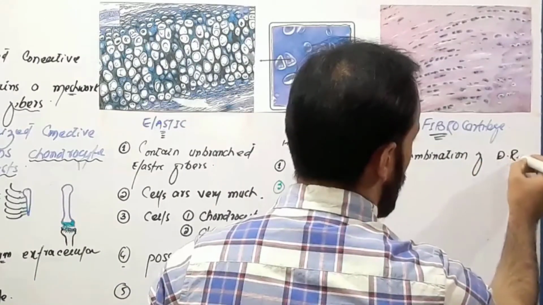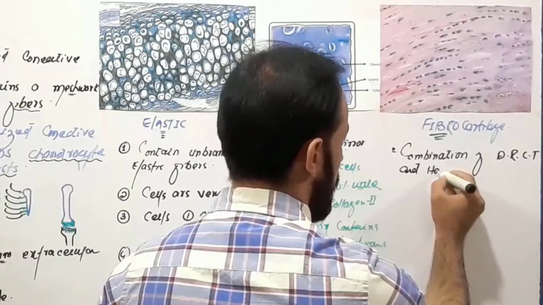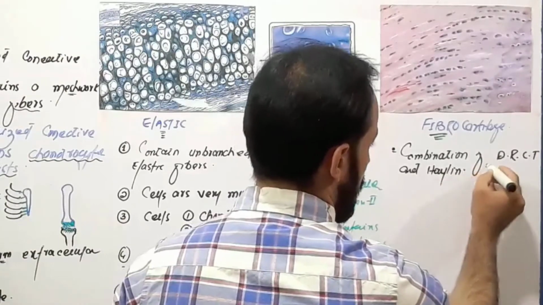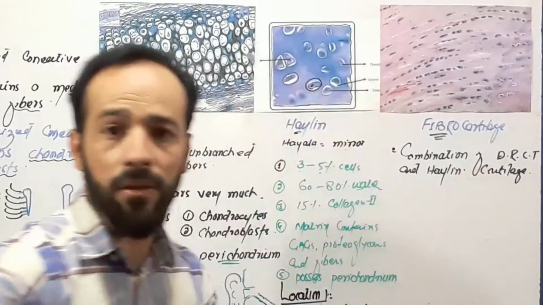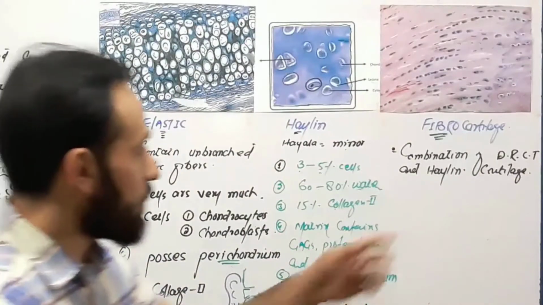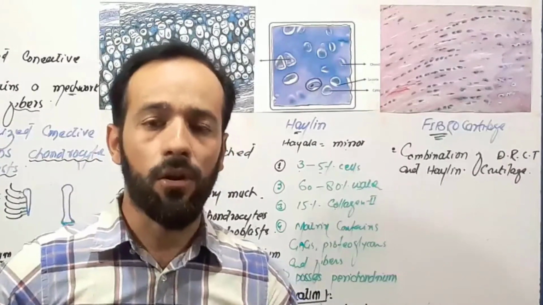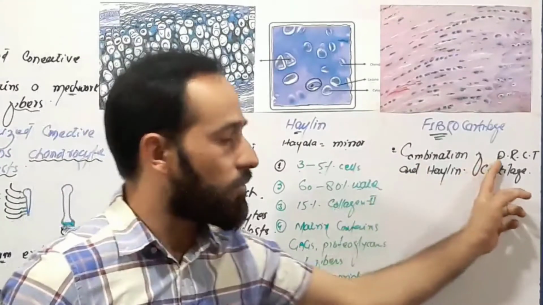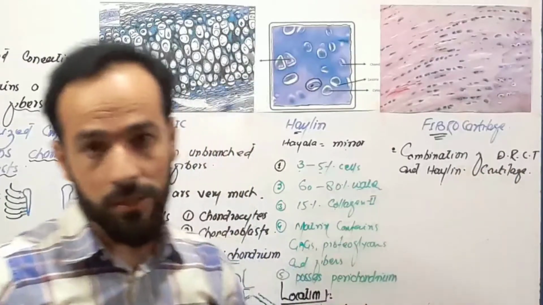That's quite simple. So this is the definition for it. Fibrocartilage is the type of cartilage which is formed by a combination of dense regular connective tissue, right, and hyaline cartilage.